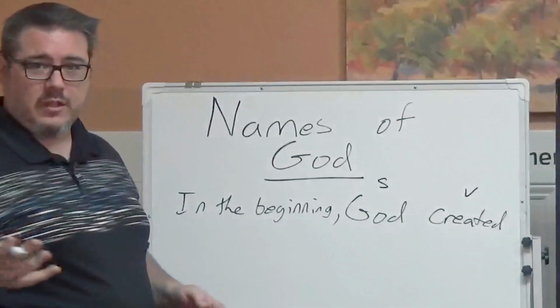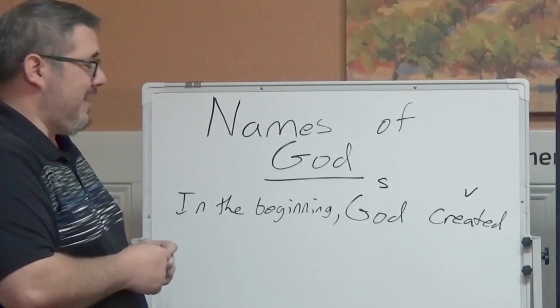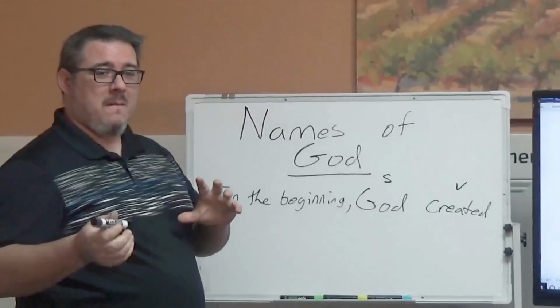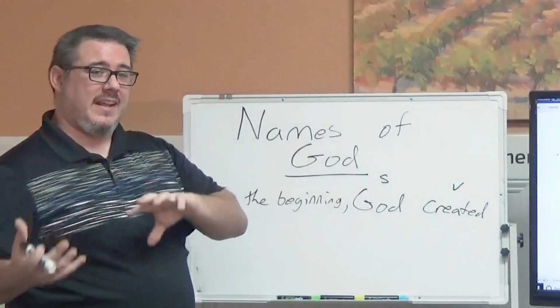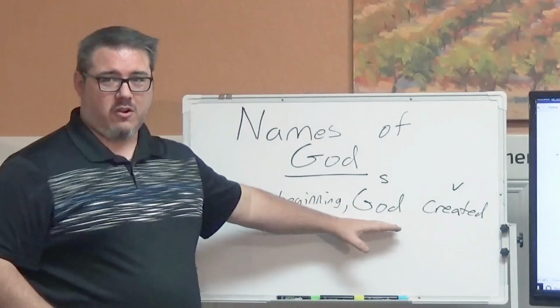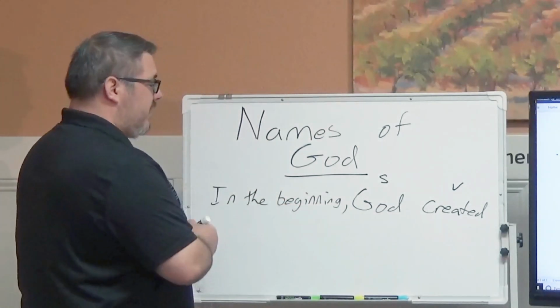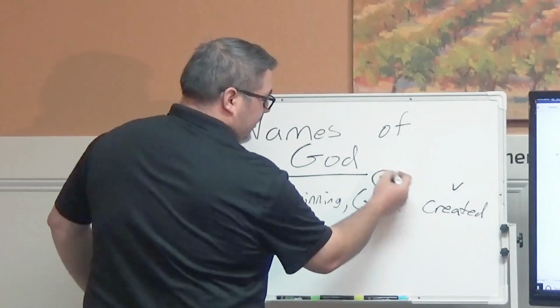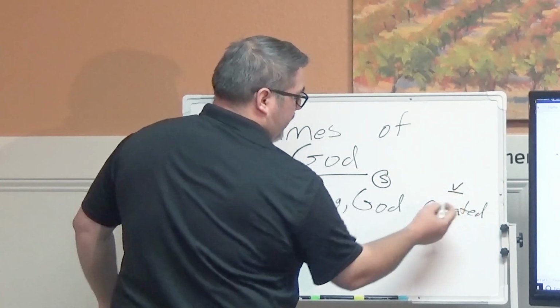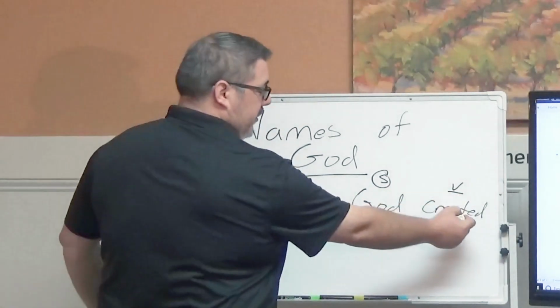You guys didn't realize you were going to get an English lesson, but it helps to understand the difference between Hebrew and English if we know where we're starting and what we're looking at. So, God becomes the subject, created is the verb. God is the one doing the creating.